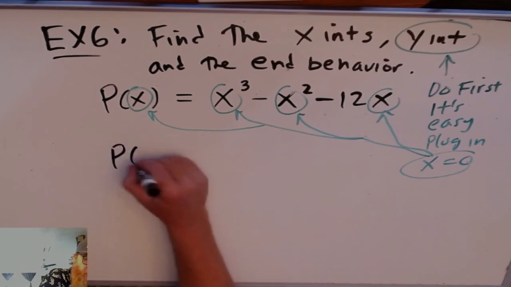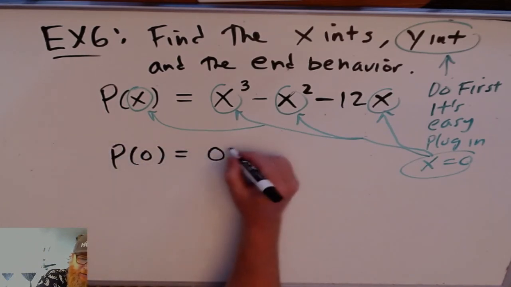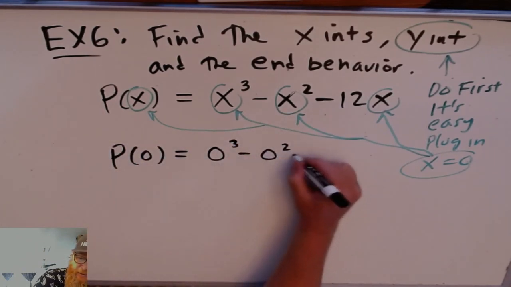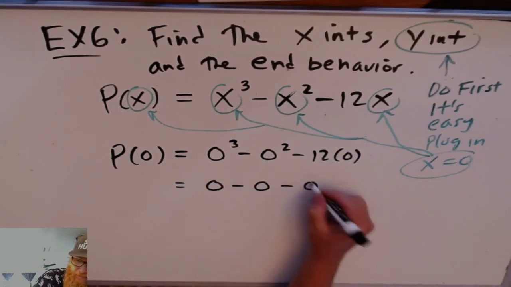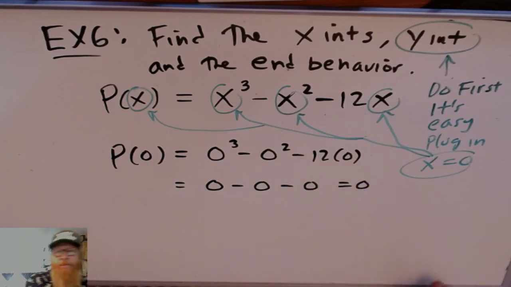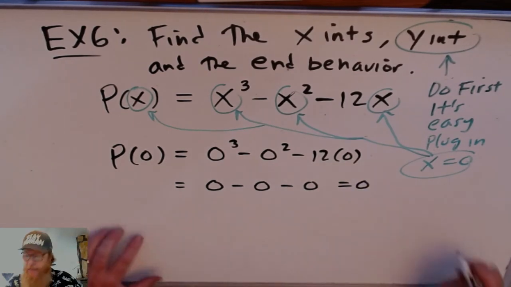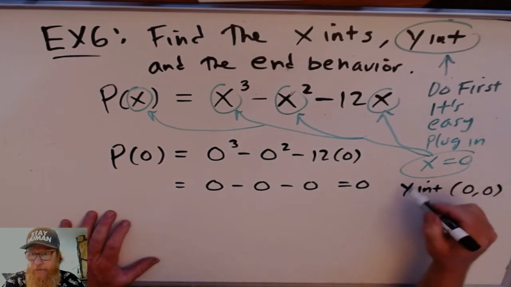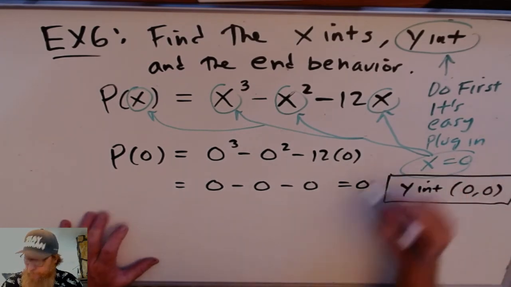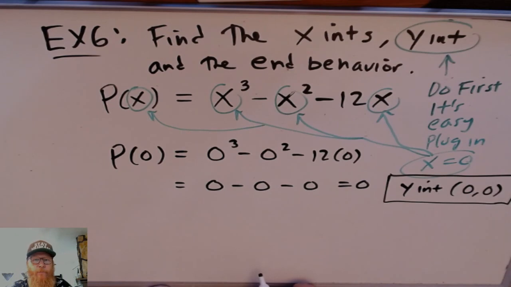So you're just going to put 0 in for x and see what you get. You got 0. So the y-intercept is 0, 0. All right, that's essentially a free answer. You never have to work very hard for the y-intercept. You just have to remember what to do.